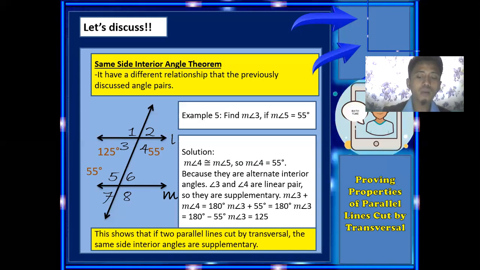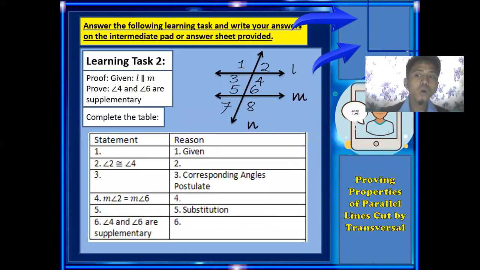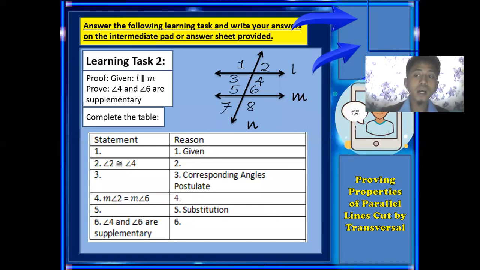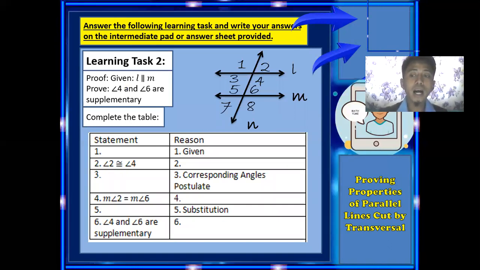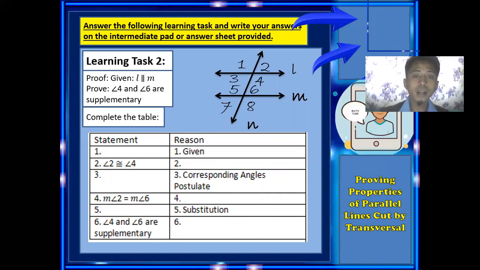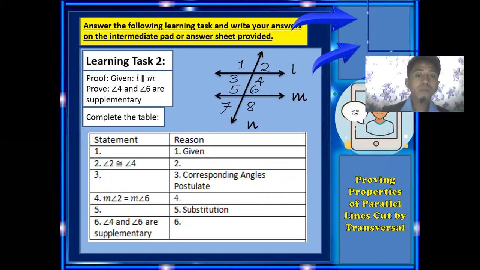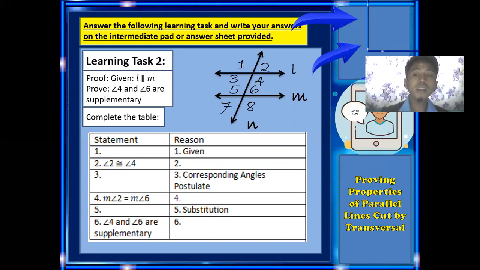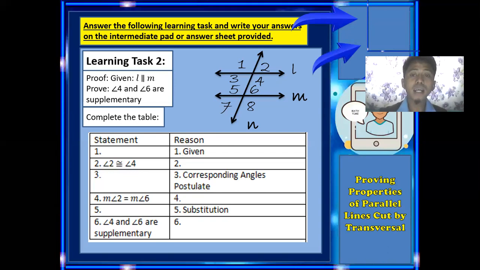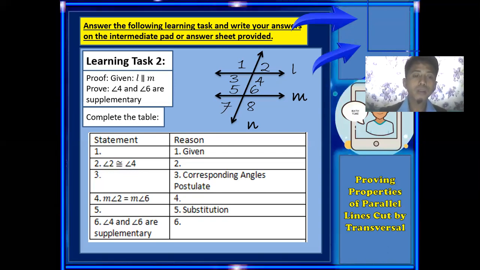So do you have any question about this one? A while ago we already finished proving the alternate interior angle theorem and the alternate exterior angle theorem, and in the same way, in this learning task number 2, you are going to prove the concept of the same side interior angle theorem.